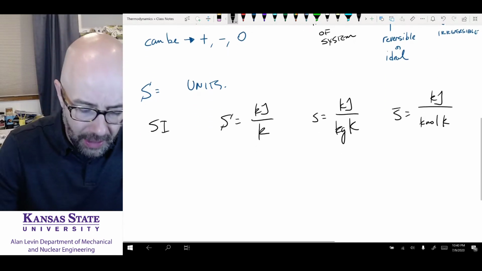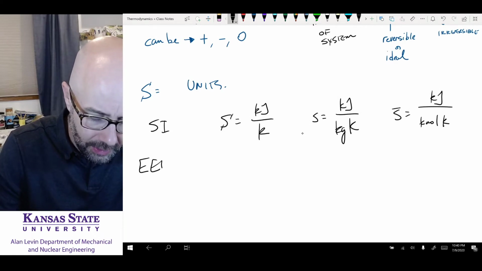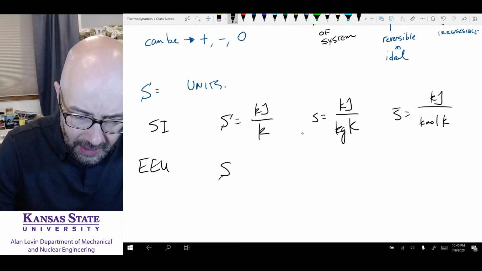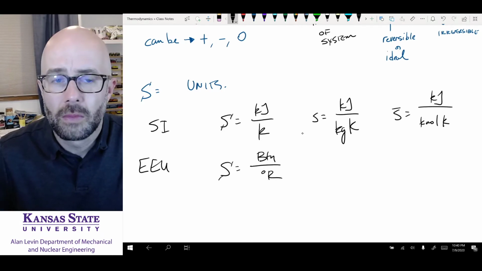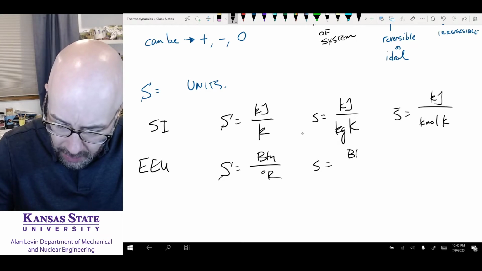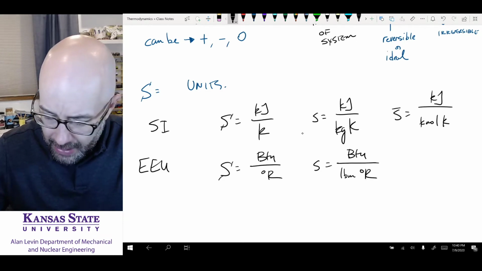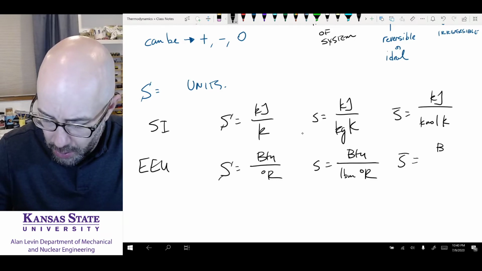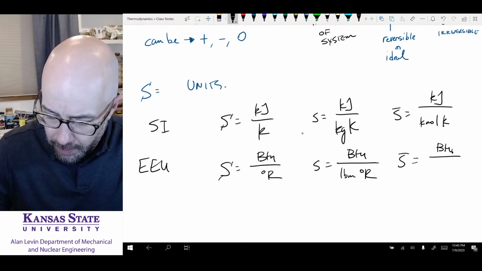Just think, we have English engineering units: S is equal to BTU per degree Rankine, and lowercase s is going to be BTU per pound mass per degree Rankine. And S bar is going to be in BTU per pound mole per degree Rankine.